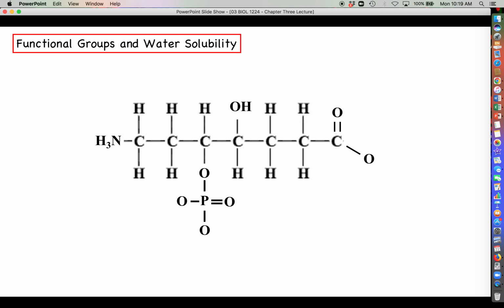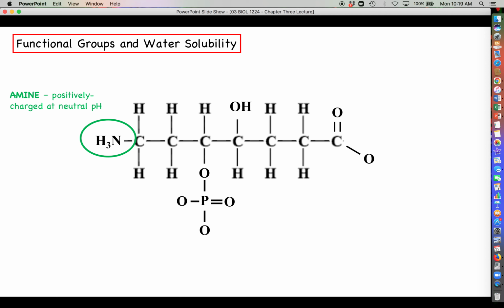What we've done here is taken that same molecule, except this time we plucked off 4 of those hydrogens and replaced them with a variety of different functional groups. I want to illustrate what these functional groups are going to do to this molecule in terms of improving its solubility in water. The first one we can see here is an amine functional group.